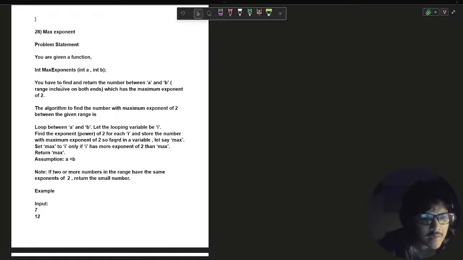Let's say max, set max to I only if I has more exponent of 2 than max, return max.